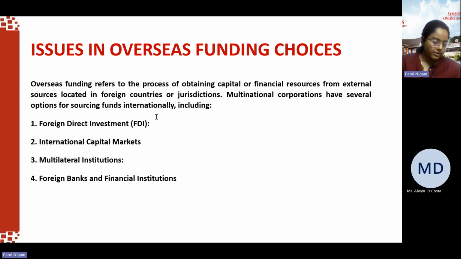Then the next point is multilateral institutions. Multilateral institutions have multiple types of instruments which they use for raising funds.